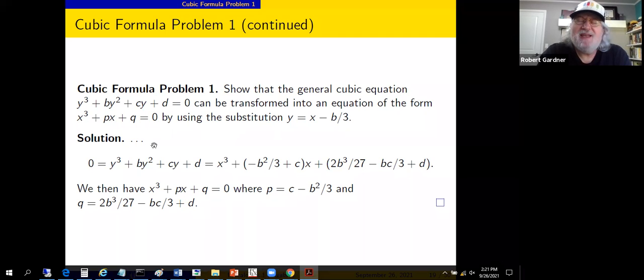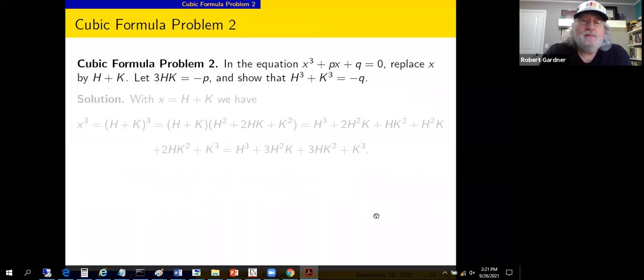So you give me any cubic equation, even if the coefficient isn't 1, I can manipulate it and turn it into one of this form. I'll use a different variable, but that's okay. If I can solve this form, then we can solve the general form. And that's what we're aiming to do in the next problem or two.